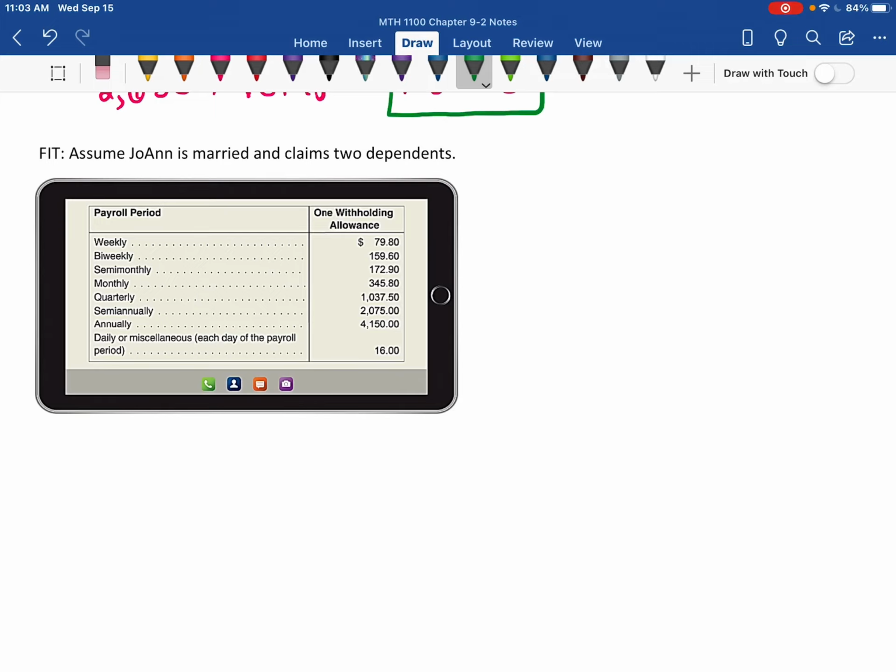Now, the first thing you're going to do is, because she claims 2 allowances, and we know that she is getting paid weekly, that's the important thing for this: weekly and how many she claims. So we can look that up on this chart.